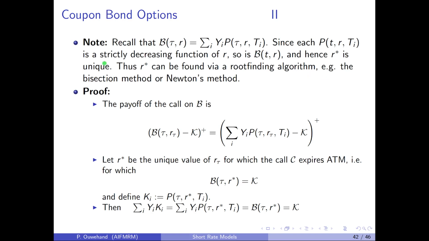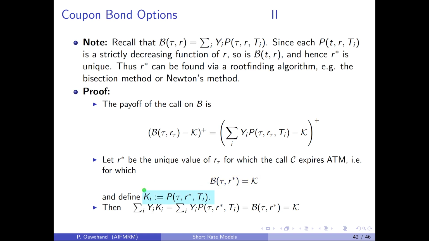Now let's tackle the proof. Observe that the payoff of the call at its expiry is given as follows, where the price of the coupon bond is given by this sum. Now let R* be the unique value of R_tau for which the call expires at the money, i.e. let R* be that value of the short rate which solves this equation.